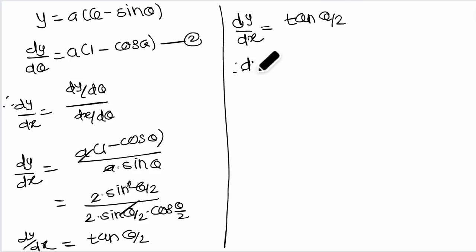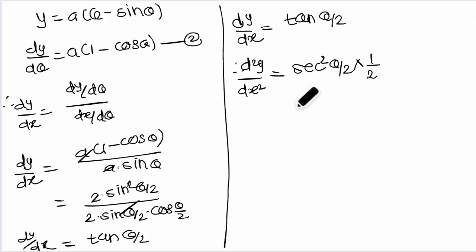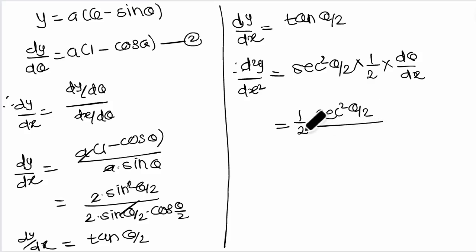So what is the value of d2y by dx square? d2y by dx square equals the derivative of tan, which is sec square of theta by 2, into the derivative of theta by 2, which is 1 by 2. Correct? Yes, into d theta by dx. So guys, 1 by 2 into sec square of theta by 2 whole divided by dx by d theta.